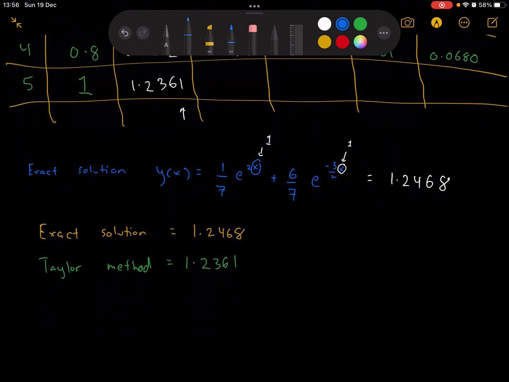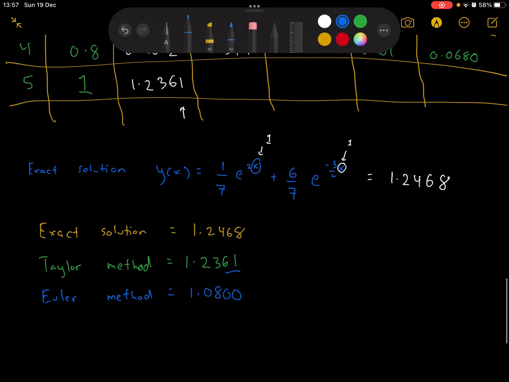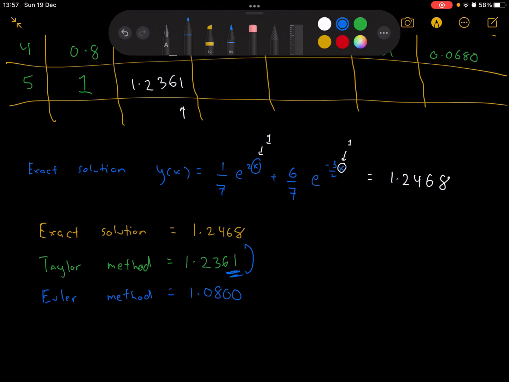And if we compare with Euler's method, okay, the result that we obtain is 1.0800. So from here, you can see that with Taylor's method, the answer is closer to the exact solution, while Euler's method is a bit far from the exact solution.